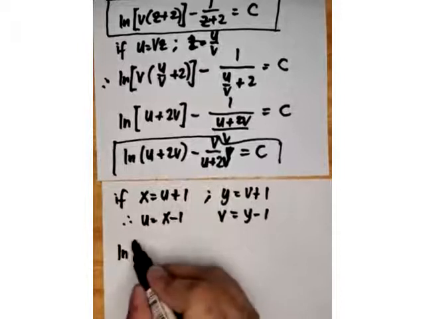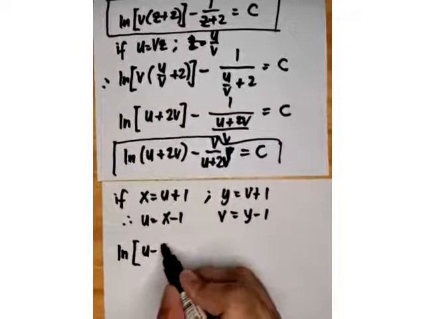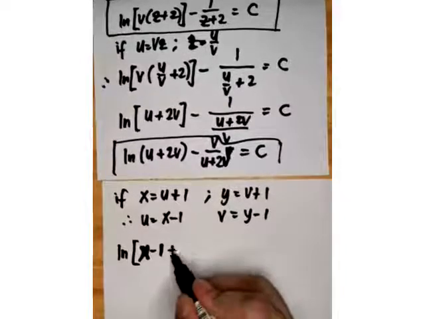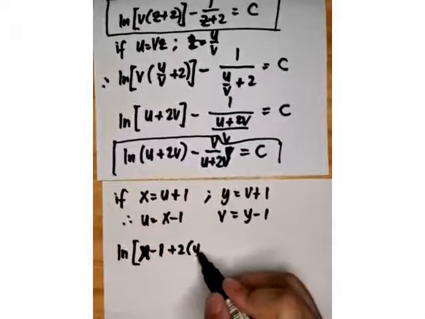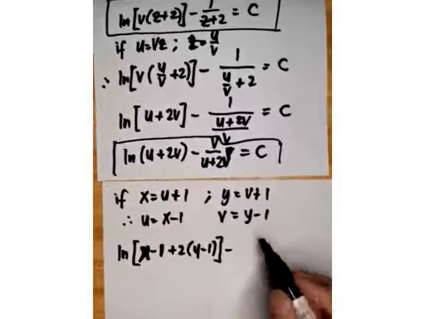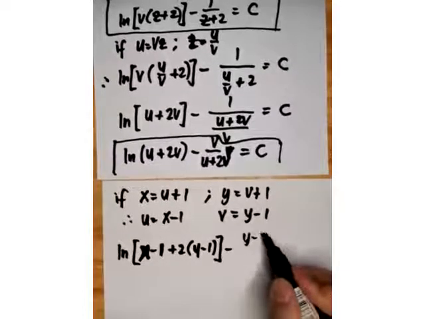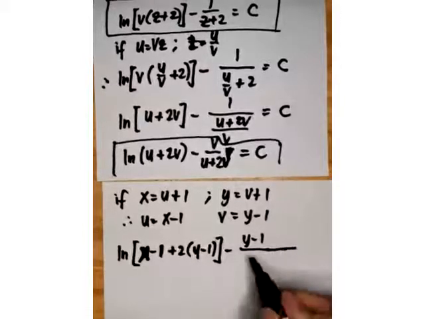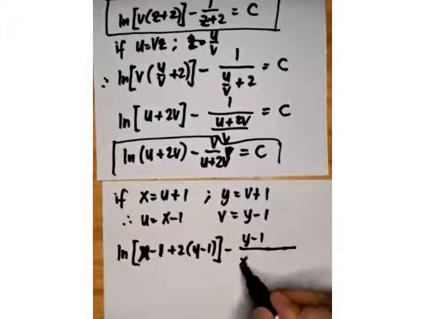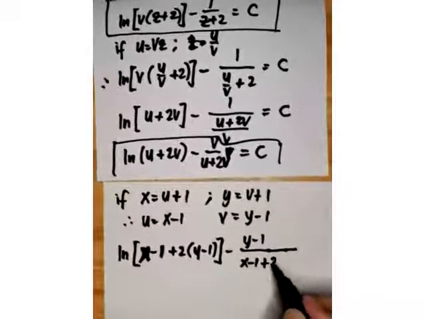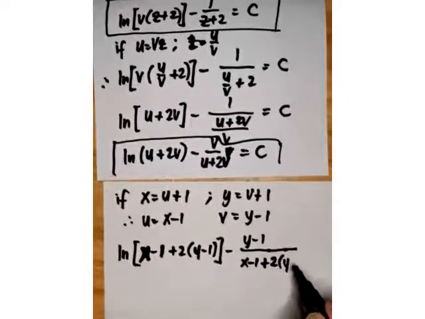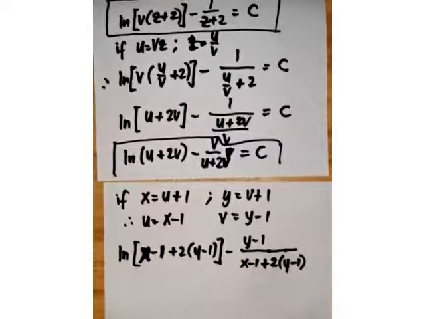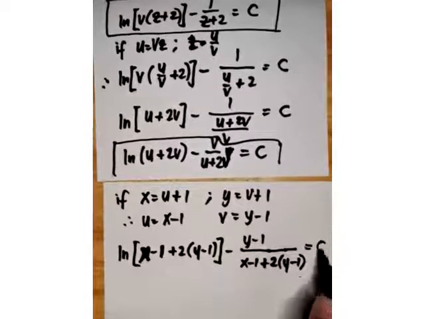Okay, so and then substitute na natin. So, ln of u minus 1, x minus 1 plus 2 times y minus 1 minus y minus 1 over all over u is x minus 1 plus 2 times y minus 1 is equal to c.